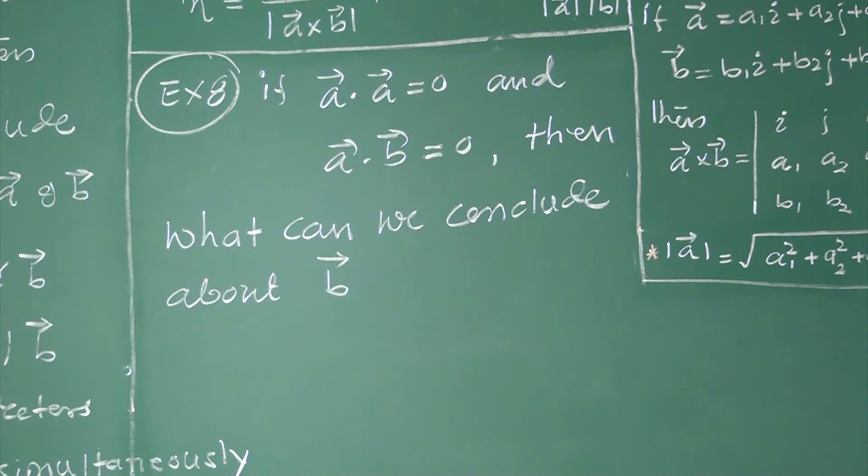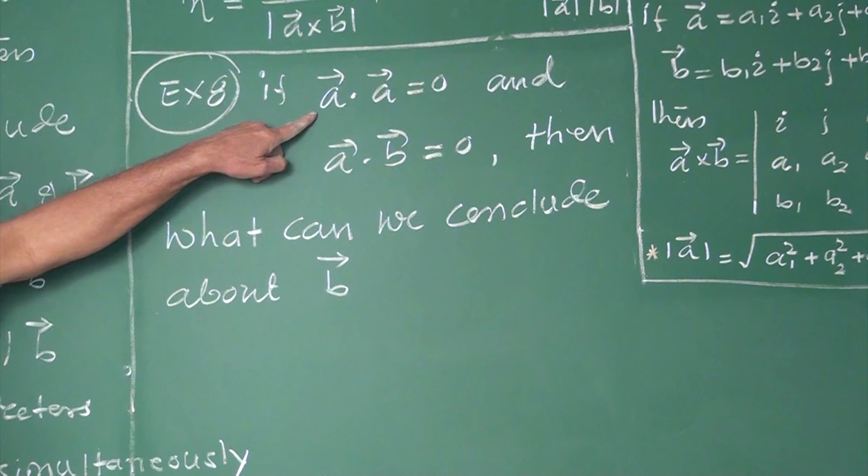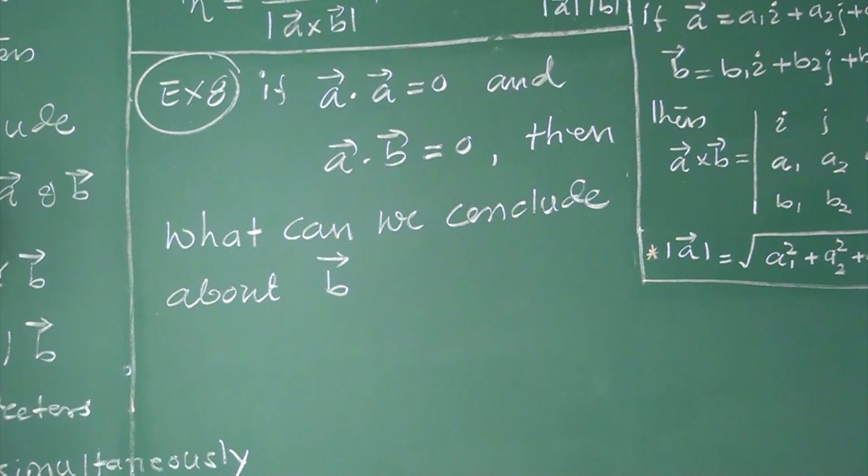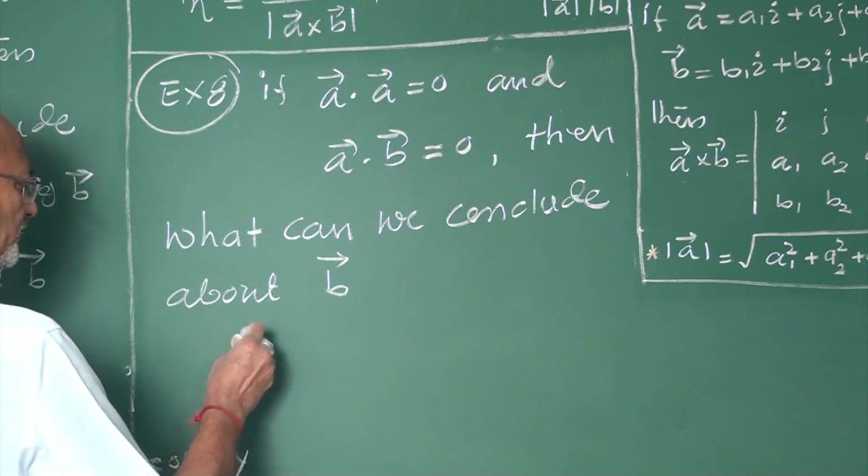What is given in this case, my friends? A dot A is 0 and A dot B is 0.